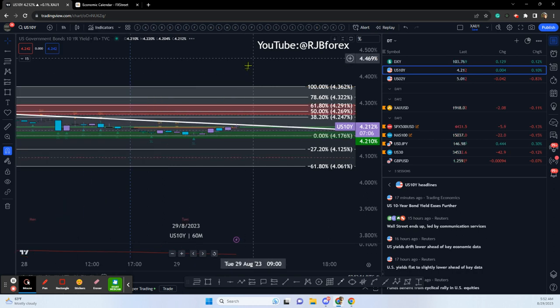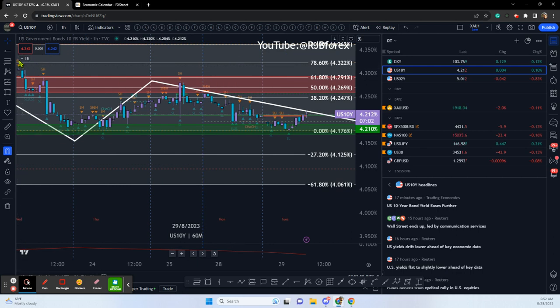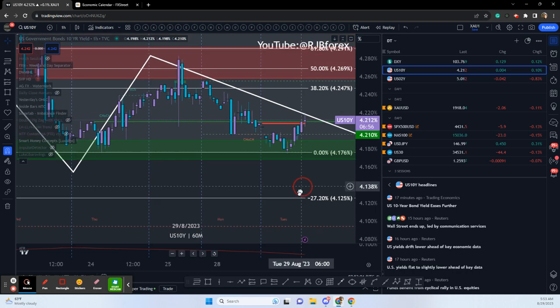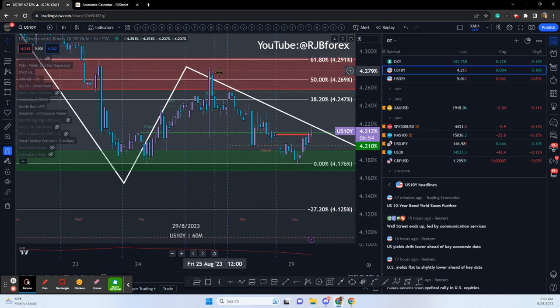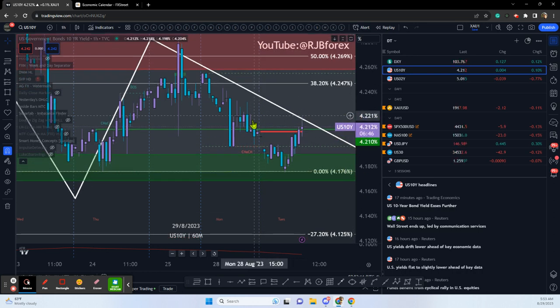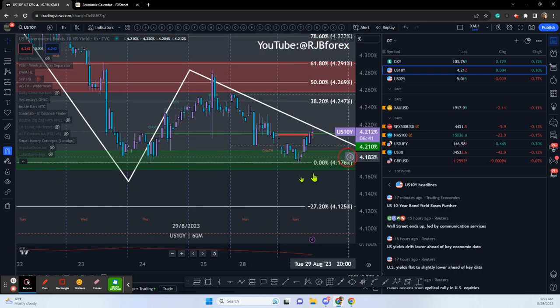If we come in on the day itself, and I'll just clean up the chart a bit. So we are technically testing a key area at the moment.